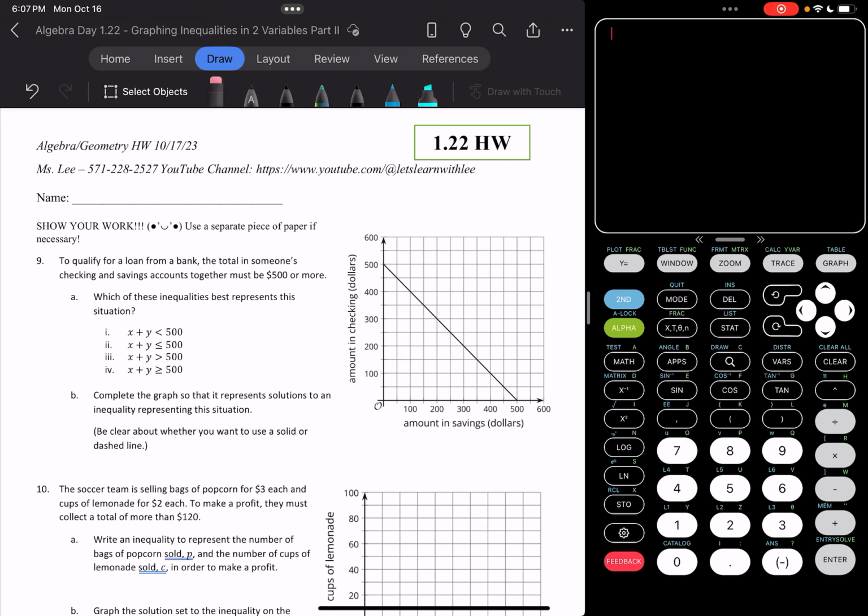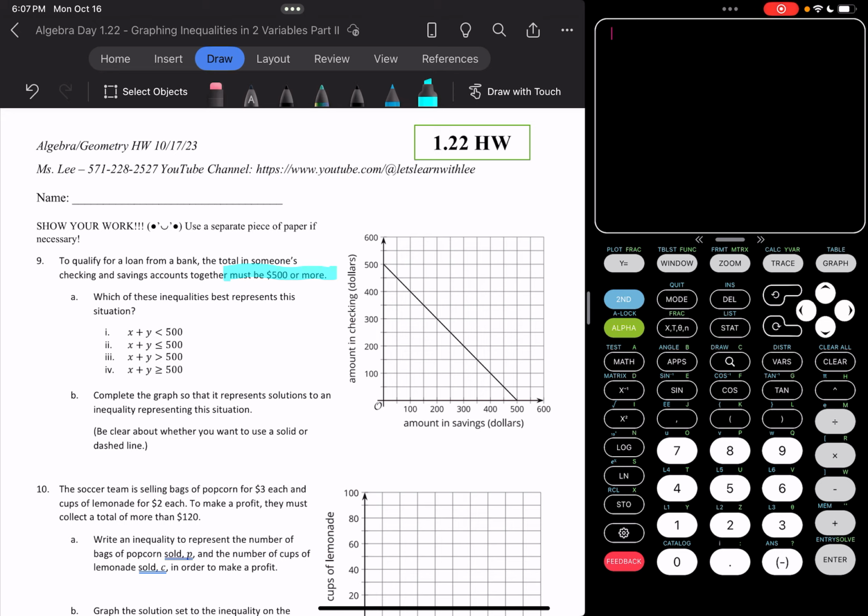So the first question says, to qualify for a loan from a bank, the total in someone's checking and savings account together must be $500 or more. Which of these inequalities best represents this situation? In looking for this, we notice that it must be 500 or more. This is a key point right here.